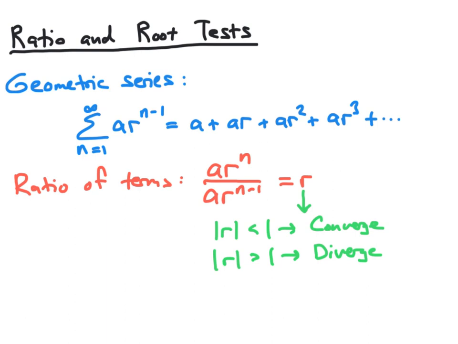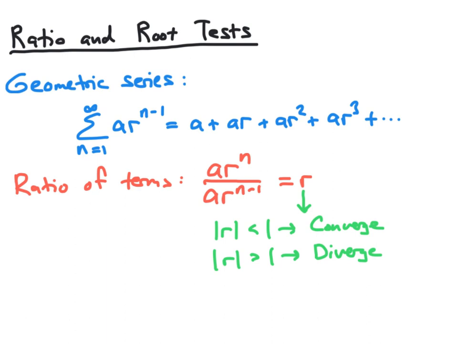Now, this same reasoning here actually will work with any series with non-zero terms. Instead of thinking of r here as just a fixed number from the geometric series form, if we think of r as the ratio of terms, this idea extends naturally to any series. We can always take the ratio of two consecutive terms. We can actually take it out as far as we want in the series by letting n go to infinity as a limit.